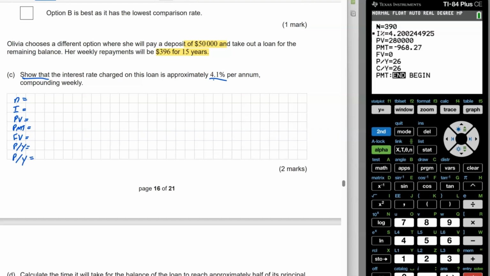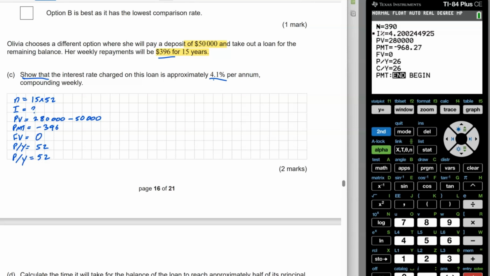So going in here, it is compounding weekly, so we've got our 52. It's for the 15 years, so it's 15 times 52. The interest rate is what we're trying to find. We've got the 280,000, but then we're going to subtract out that deposit, the 50,000. The payment says it's going to be 396, so that's got to be negative.